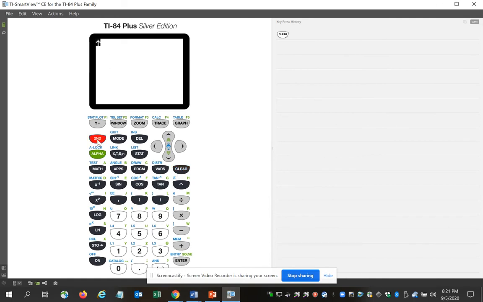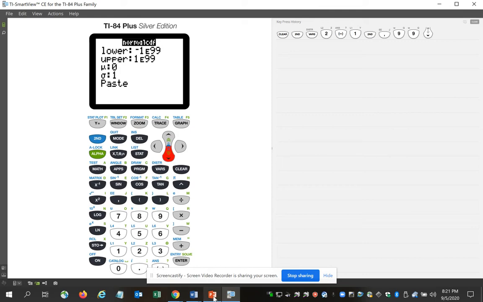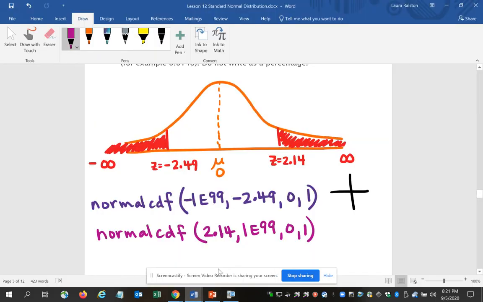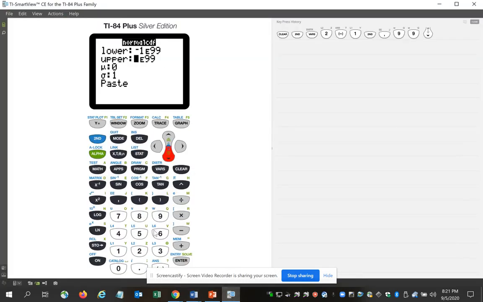All right, so we do second, vars, normal CDF, option 2. We go from negative 1 second, comma, 99 to, and let me double check the number, negative 2.49.